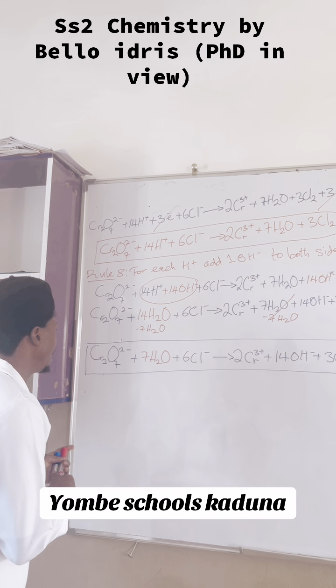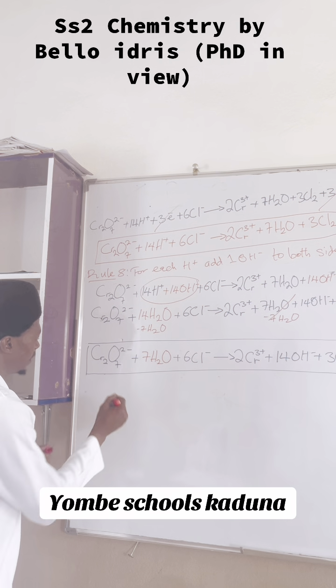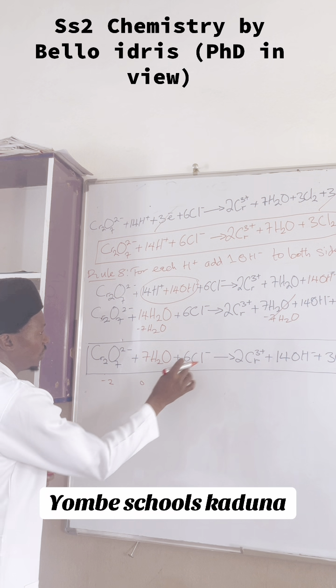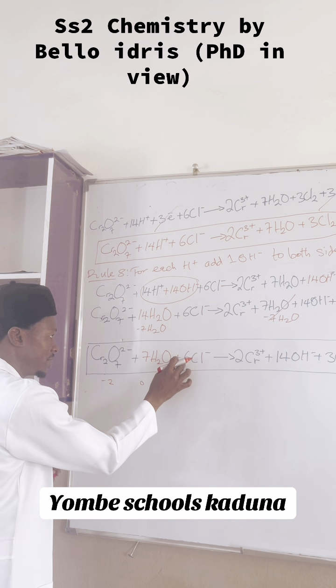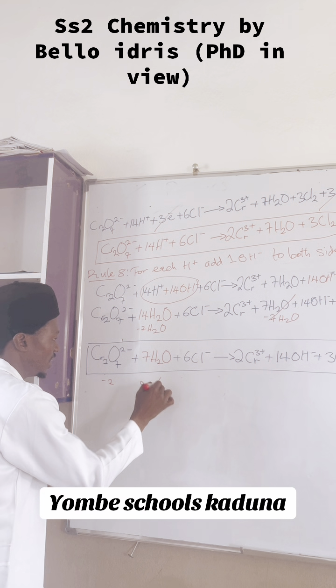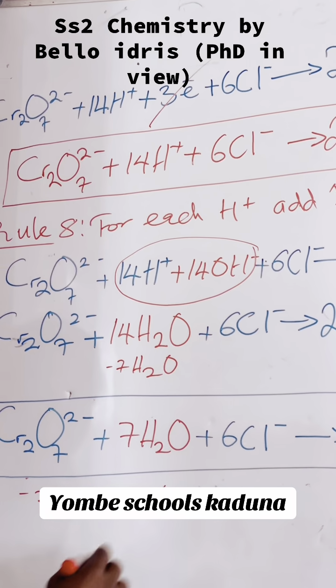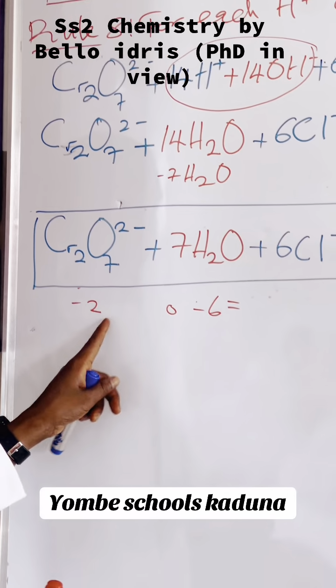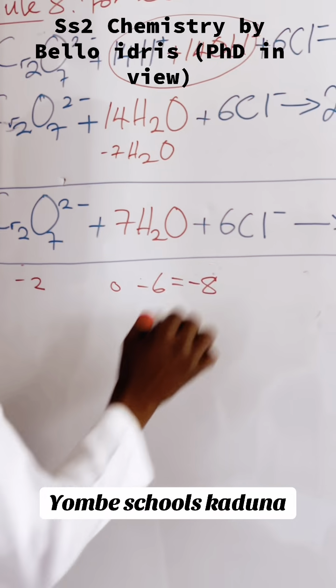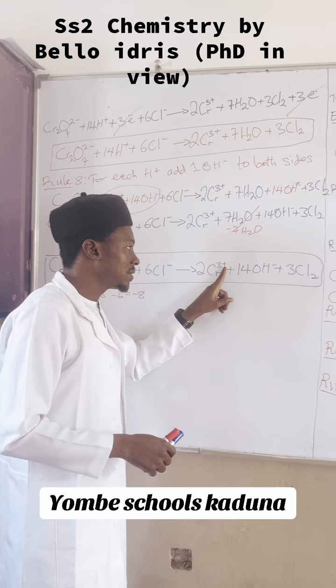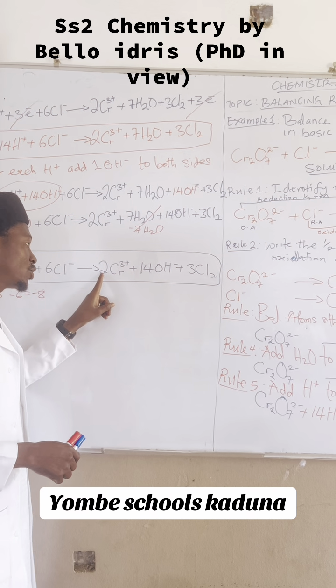Remaining are the charges. Minus 2 times 1, minus 2. This is a neutral compound, so it's 0. This is minus 1 times 6, minus 6. So the net charge on this side is minus 2 minus 6, minus 8. Are we together? Yes. Good. Now, this is plus 3 times 2, which is 6.